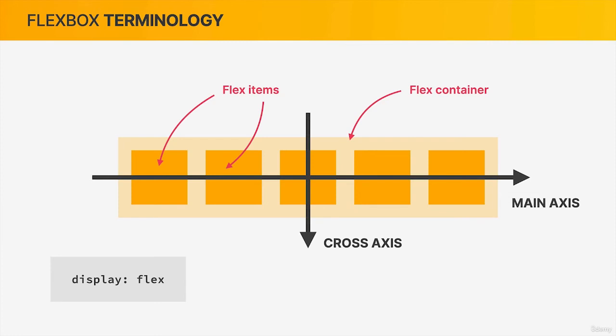And it's important to know about these names because we can actually change the direction of the main axis and so therefore also of the cross axis. Plus, we can align elements along the main axis and along the cross axis in different ways, and therefore we always need to know which axis we are dealing with. So try to keep these concepts in mind so that you can fully understand how the different Flexbox related properties work. And actually, that's what we're going to talk about next.